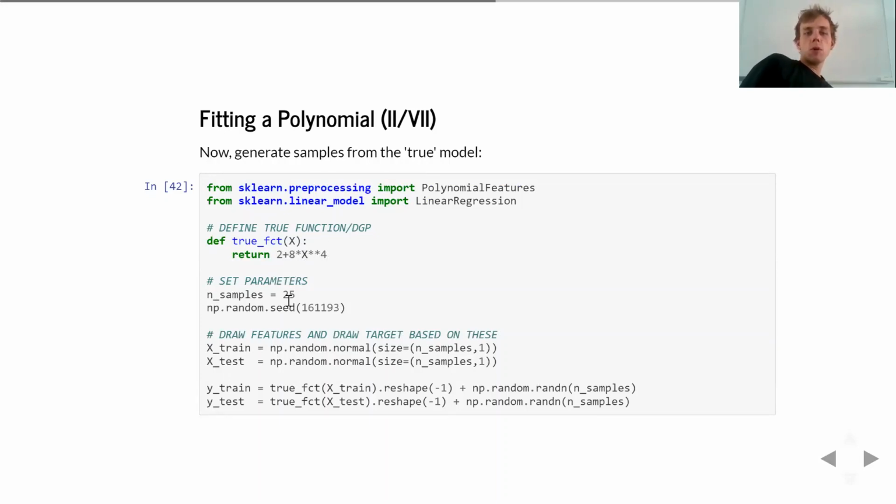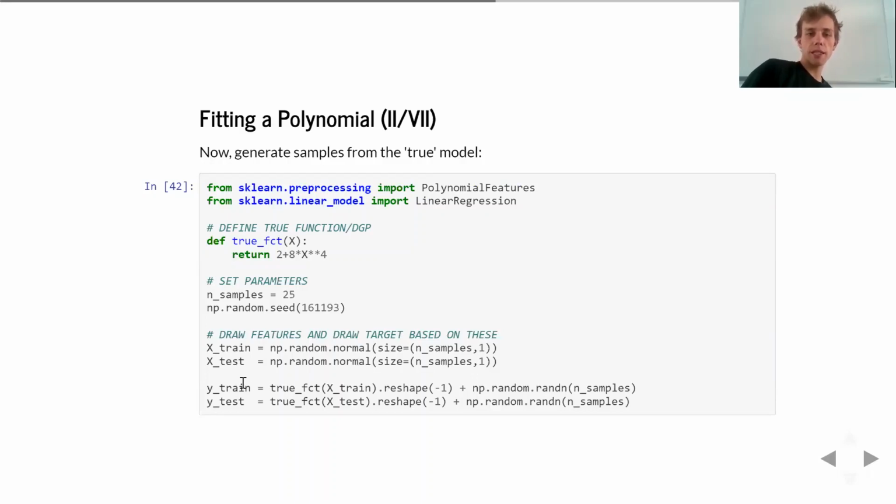Then we specify that we want 25 observations for both our test data and our training data set, and then we specify a seed number. Then we draw 25 x's from a standard normal distribution and make that our training data set, and we draw 25 new x's from a standard normal distribution and call that our test data set.